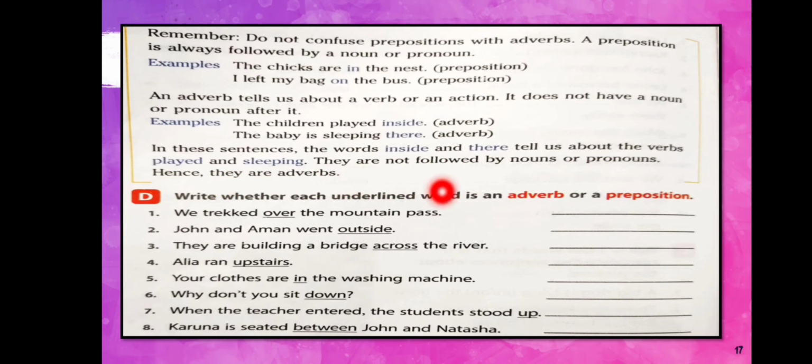They are not followed by nouns or pronouns. Hence, they are adverbs. So it is very easy to identify what is a preposition. A preposition is always followed by a noun or pronoun, whereas an adverb will not be followed by anything. After the adverb, there won't be any noun or pronoun.